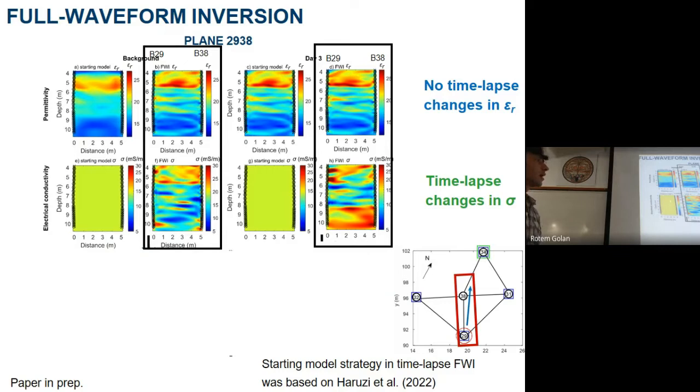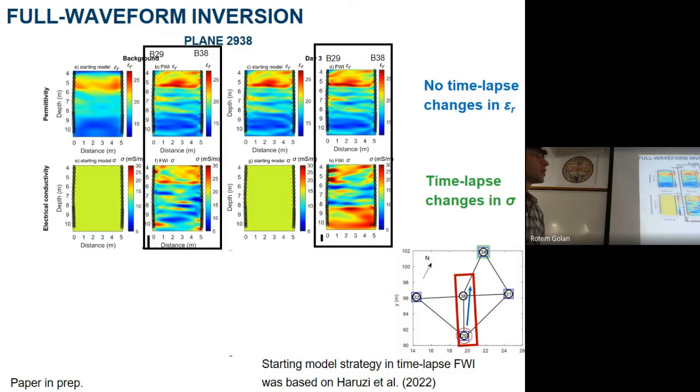These are the starting models, and these are the full waveform inversion results of the permittivity and of the conductivity. Then this is an example of one of the time-lapse measurements on day 3 on that borehole plane from the injection to the first borehole. And these are the permittivity and the conductivity results.